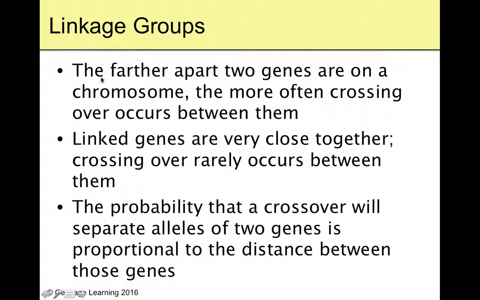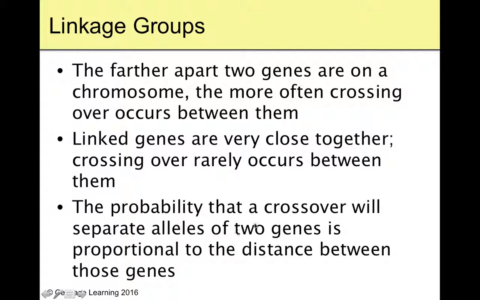So here's linkage groups. The farther apart 2 genes are in a chromosome, the more often crossing over occurs between them. You think of crossing over in a chromosome, the more space you have between your neighbor, the more likely that chromosome is going to be able to cross over in between you guys. Linked genes are very close together, and crossing over occurs between them very, very rarely. That's why we call them linked, because we see them inherited together almost all of the time.